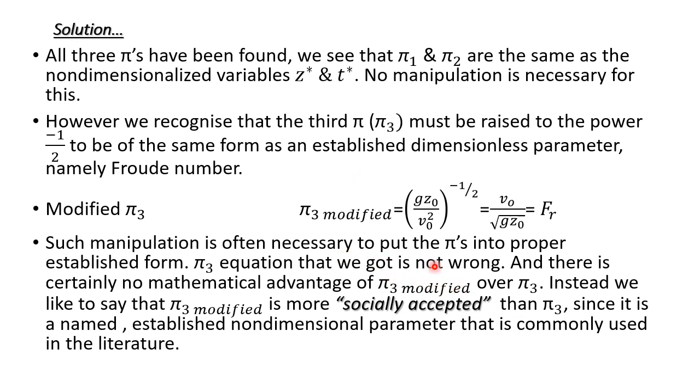We modified pi 3 by putting the power minus half so that we get the Froude number. Instead, we like to say that pi 3 modified is more socially accepted, meaning most people are familiar with this kind of expression. Otherwise pi 3 is also correct, since the Froude number is an established non-dimensional parameter commonly used in the literature.